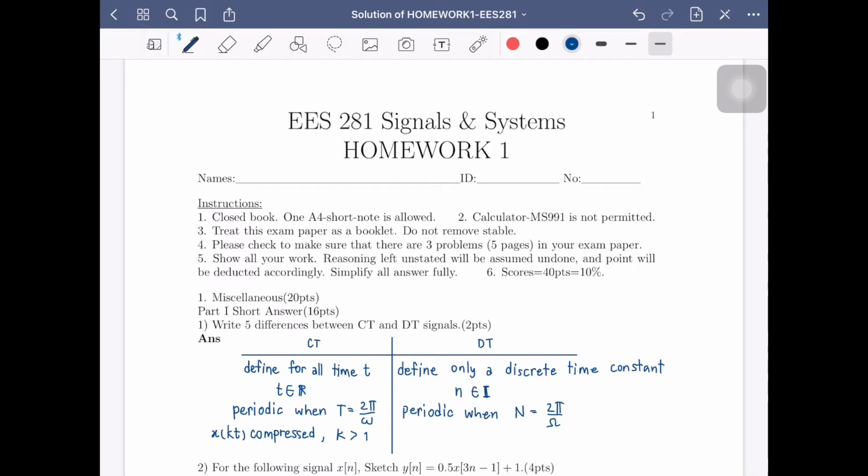But for discrete time, we know that x of kn will be compressed when k is more than or equal to 2. And the last difference is the time scaling. For discrete time, we lose some information.